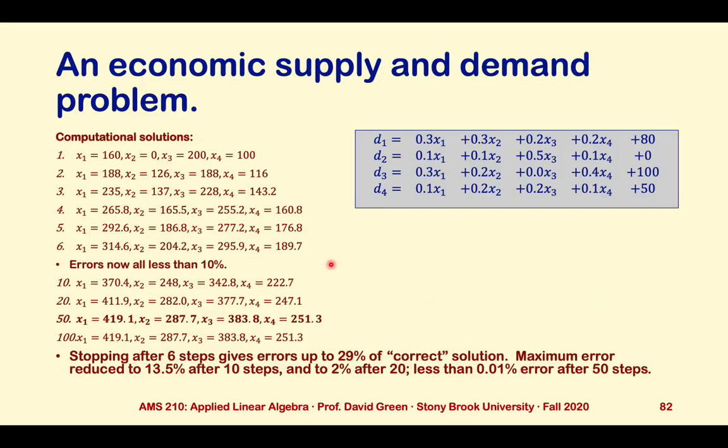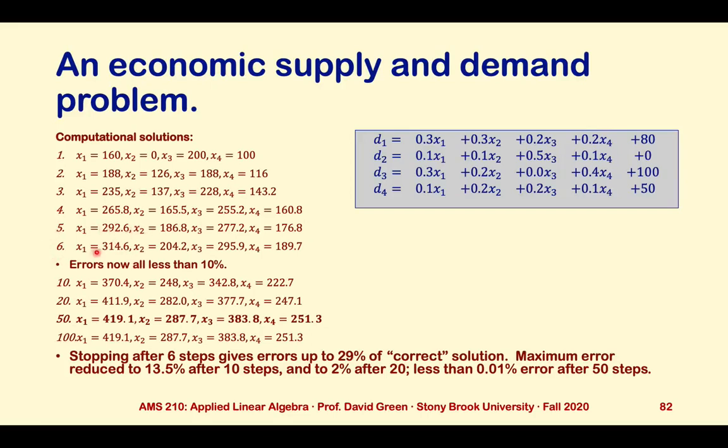And so again, just to get you a sense of how this would play out, we can do this computationally. If I calculate 1, 2, 3, 4, 5, 6 steps, right? If we only compare the change, and we ask between 5 and 6, how much are things changing?